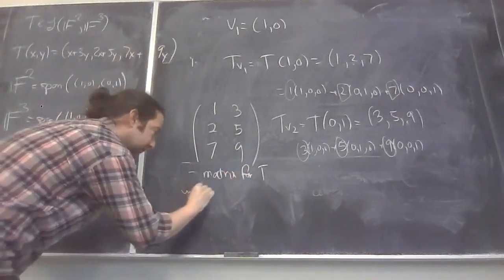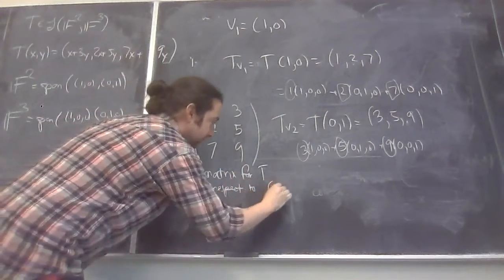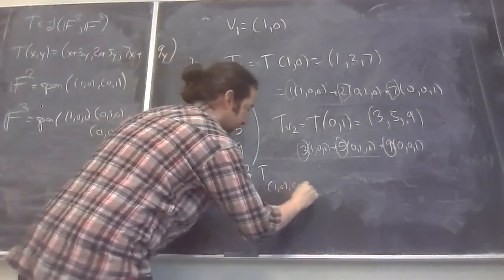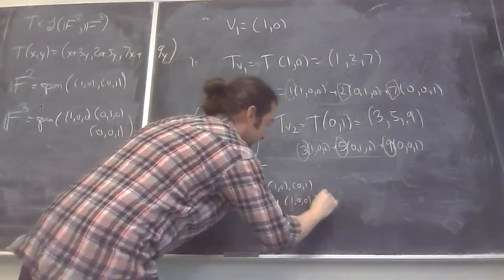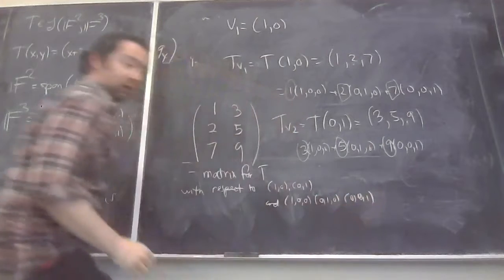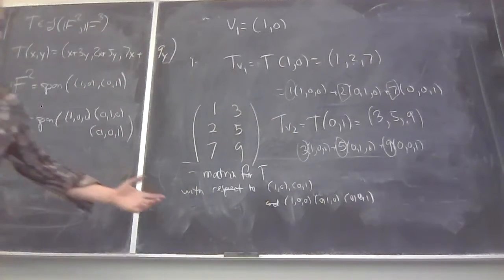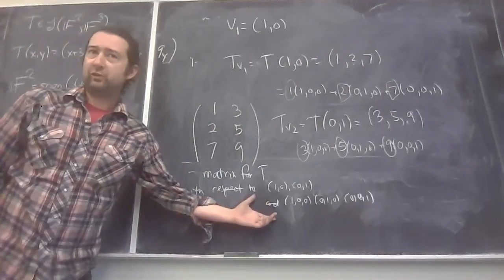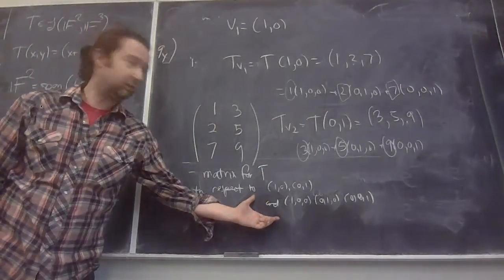With respect to the basis 1, 0, 0, 1 and 1, 0, 0, 0, 1, 0, 0, 0, 1. And if you have sort of ancestral memories of all that change of basis stuff that shows up in 206, all that change of basis stuff is trying to get away.